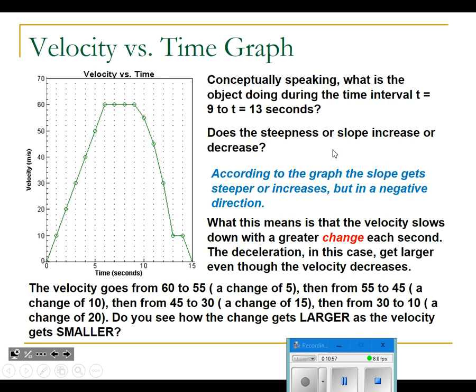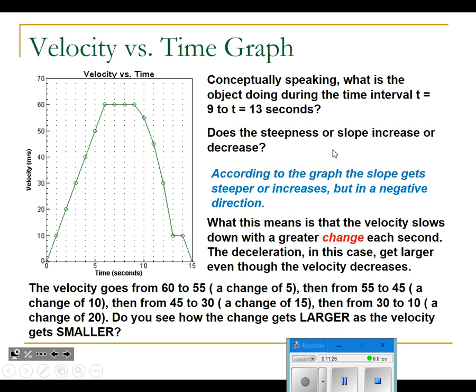So what this means is that the velocity slows down with a greater change each second. The deceleration in this case gets larger even though the velocity decreases. It might take a little bit of us discussing this for you guys to understand it. But the velocity goes from 60 to 55, which is a change of 5, and then it goes from 55 to 45, which is a change of 10.